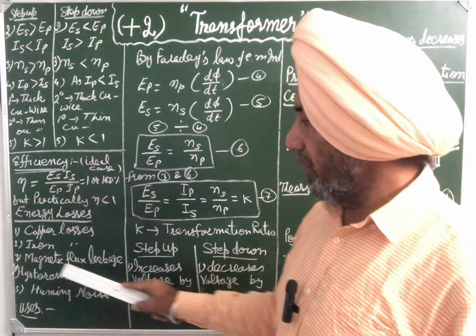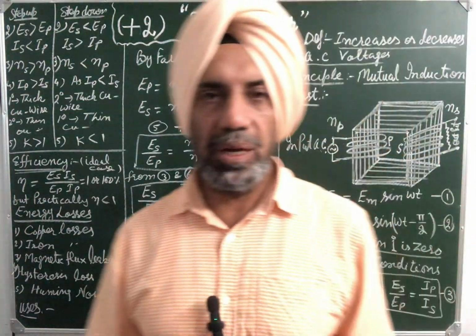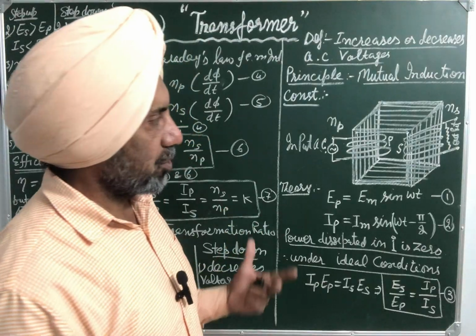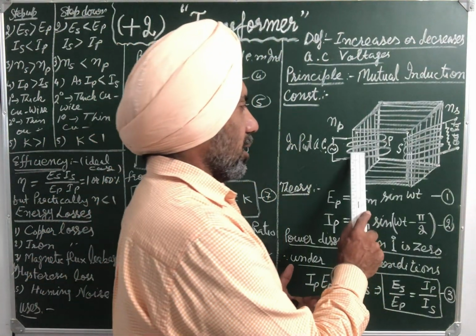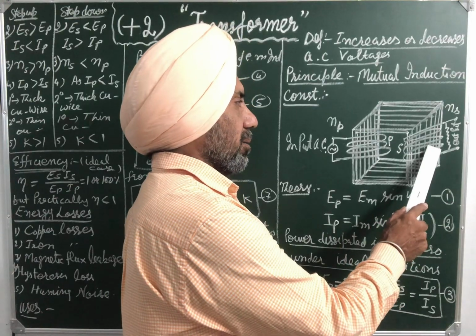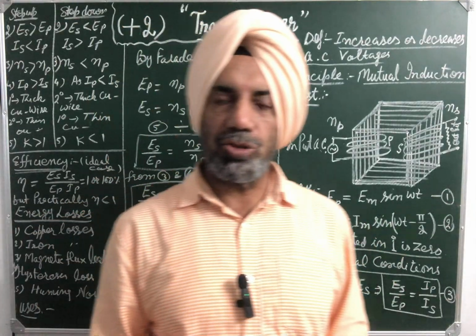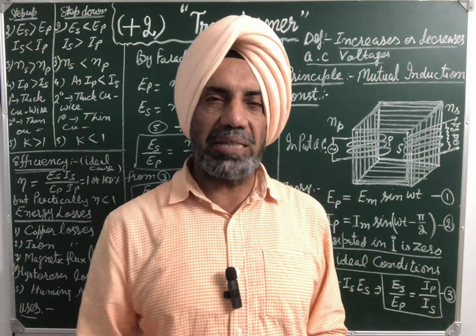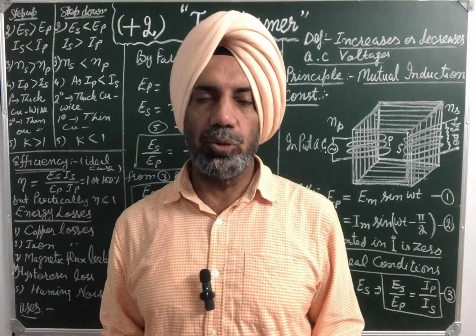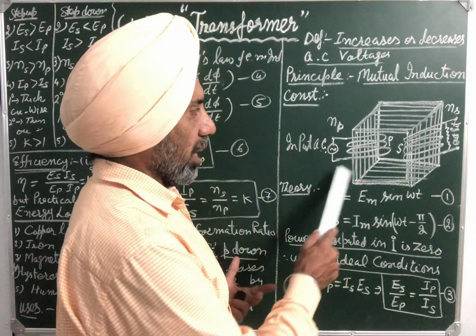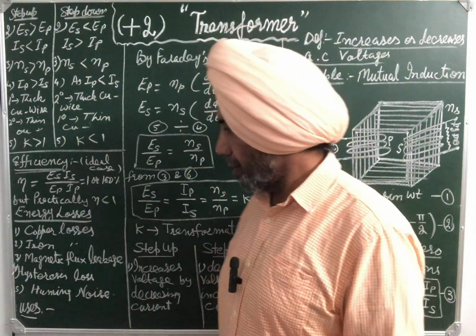To avoid this magnetic flux leakage, transformers of special shapes are preferred, that is, where primary and secondary are wound on the soft iron core having the same axis, one above the other, but well insulated from each other to avoid leakage of magnetic flux.